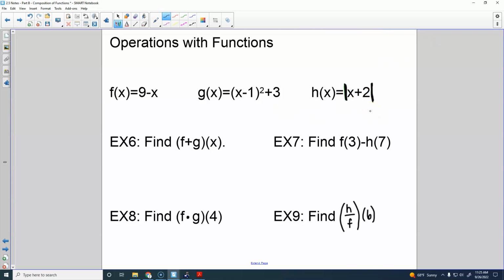Whenever I see something like f plus g of x, we are not taking one and plugging it into the other. What this means is I'm just doing f of x plus g of x. Okay? So f of x is 9 minus x, and g of x is x minus 1 squared plus 3.